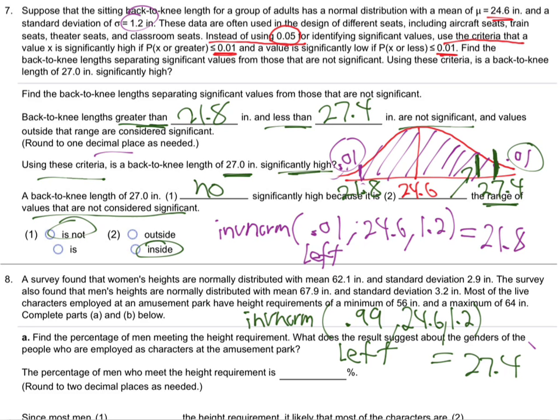These all good? See how these are kind of the same. We'll do a couple more, but it's kind of the same thing every time. All that's going to change in the next section is that instead of individuals, they're going to say we grabbed a group of 10 people and we want to know where their average back to knee length is. Then when they have 10 people, we go, oh, central limit theorem. That makes things go towards the center. You just do one different thing in the formula, but we use the same things on our calculator.